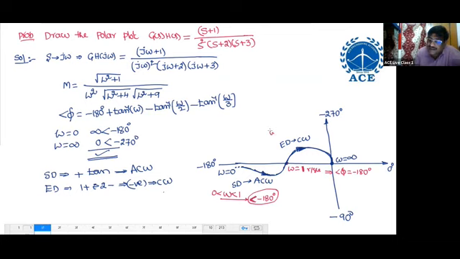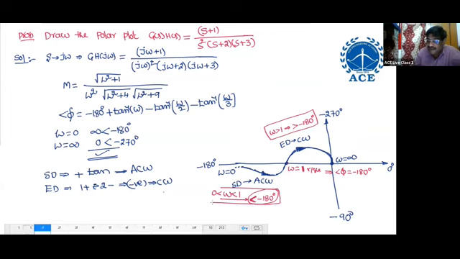If omega greater than 1, the angle becomes more negative than minus 180 degrees.